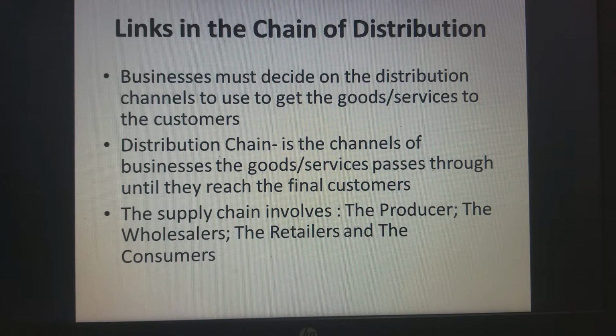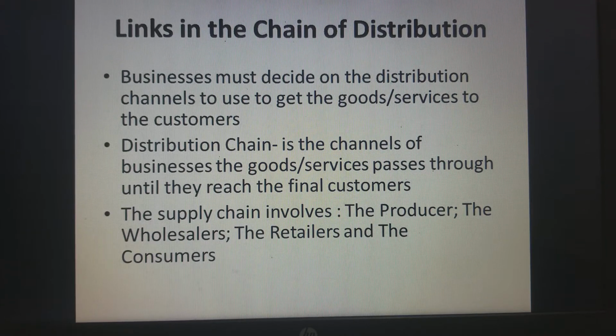So we talk about the different locations, the different handlers in the process from the time it was produced at the producer or the manufacturer to the time it reached the consumer or the customer.